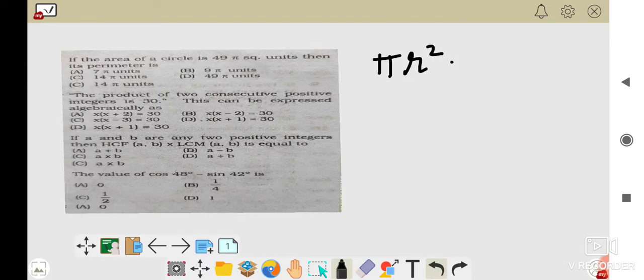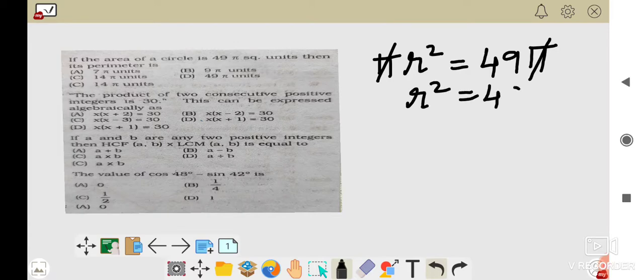Now in the question, area of a circle is given as 49 pi square units, that means 49 pi we will take here. Now both sides will cancel pi, then r square is equal to 49, then r is equal to plus or minus 7, so here this is equal to 7 units.